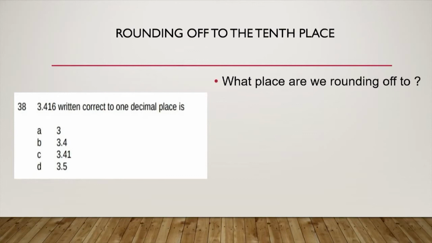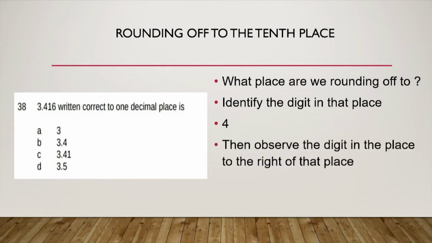We're rounding off to the tenths place. 4 is the digit in the tenths place. You look to the right of it and you see 1. So you know if it's 1, you're going to round down. It's that simple. So we're rounding down, and your new number would be 3 and 4 tenths, which should be option B.